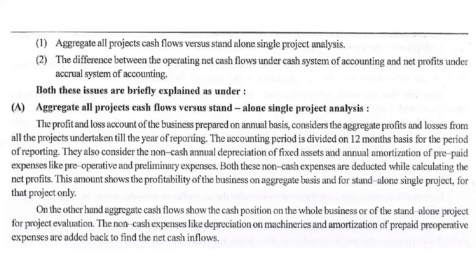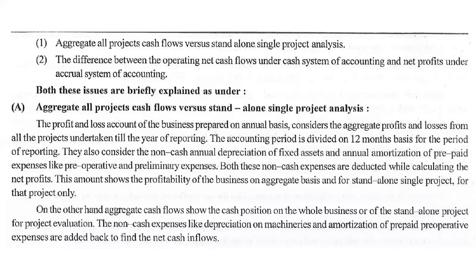Means when you have to calculate whether the company is getting a profit or loss, at that time you have to remember what expenses are incurred yearly, and you have to reduce those expenses from the profit or loss.